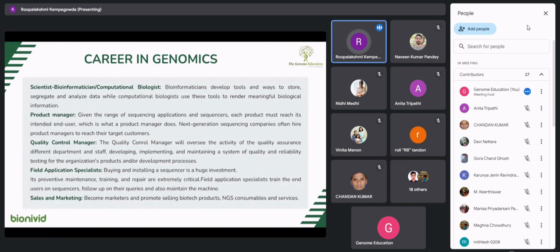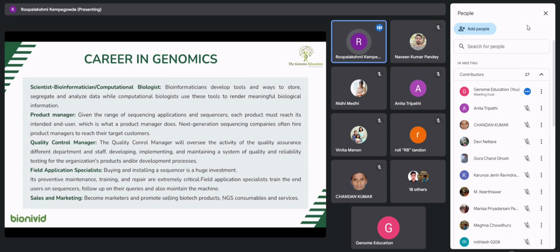And field application scientist: for example, when Illumina or PacBio go and install the instruments, you can help them set up the run and teach them how it works, the technique, the principle of those things. And also they can be in sales and marketing. People who have a genomics background go and talk about the products, the consumables for library preparation, or the instruments.